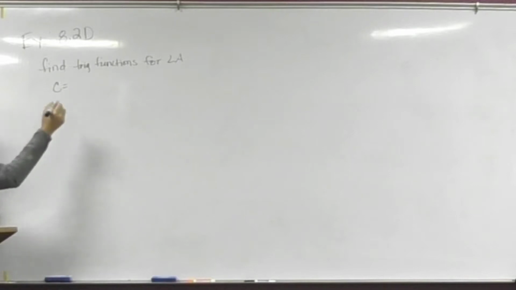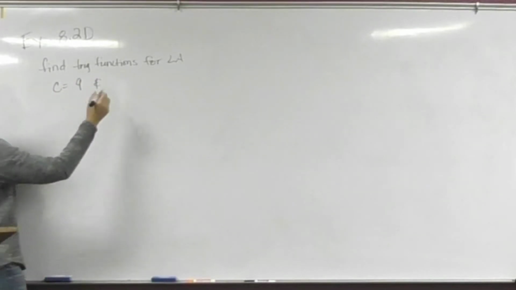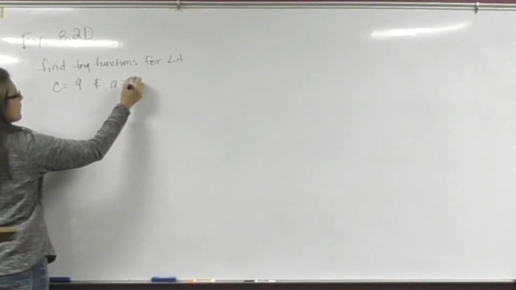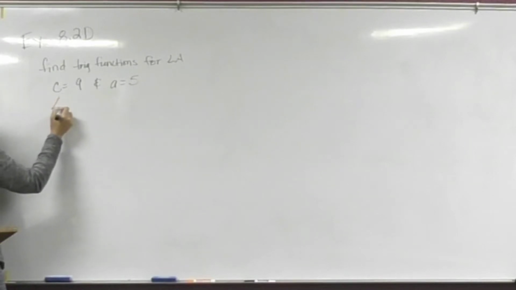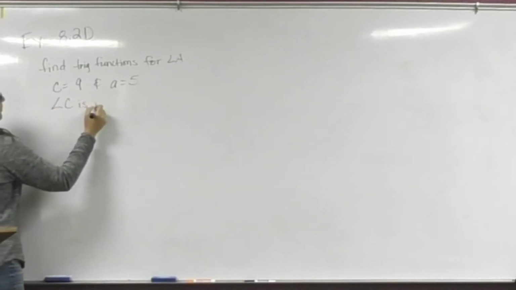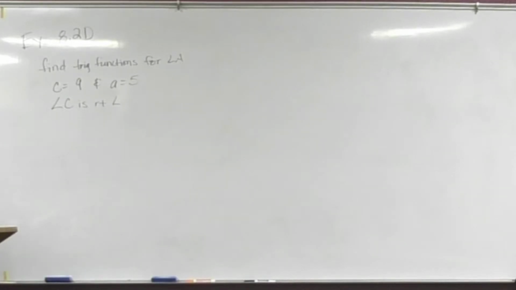C equals 9 and A equals 5, and you've also been told angle C is the right angle, which is always going to be the case in these problems. So, in order to do what we did yesterday, we first have to get this triangle set up.